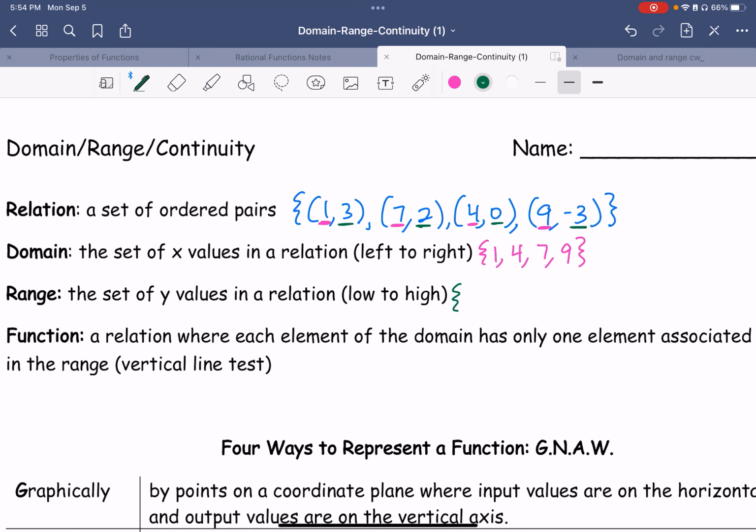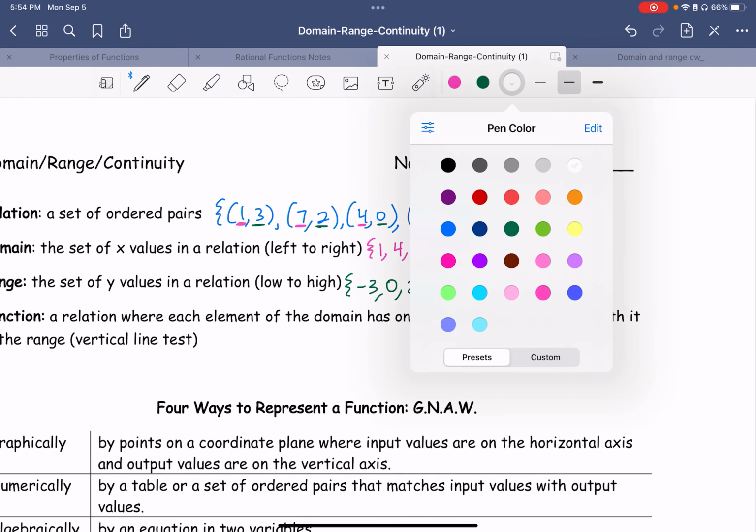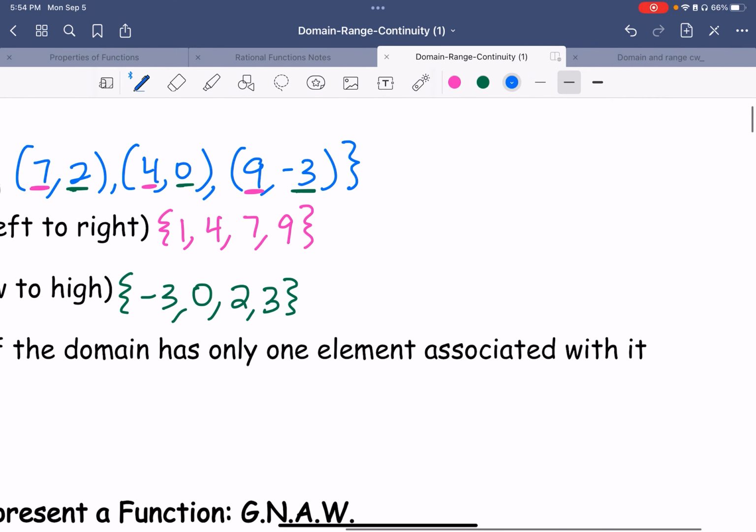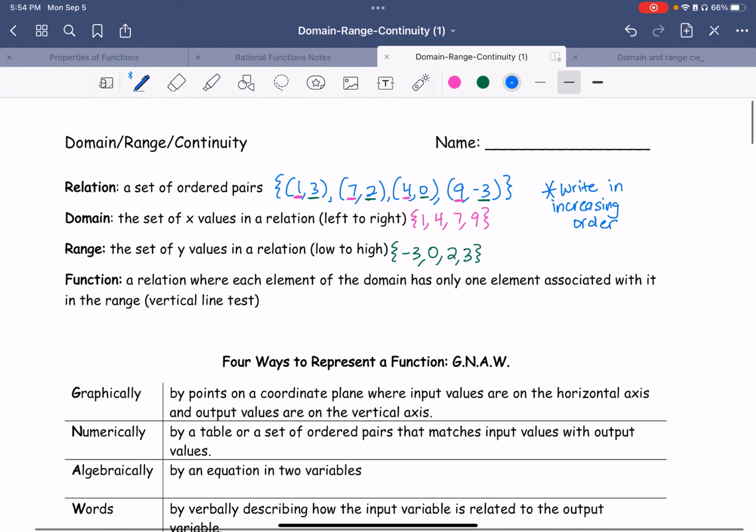So the smallest number we have is -3, then 0, then 2, and finally 3. Okay, so I'm going to make a little note here for you so that you don't forget that you need to write these in increasing order. Always the smallest numbers first, biggest numbers last.